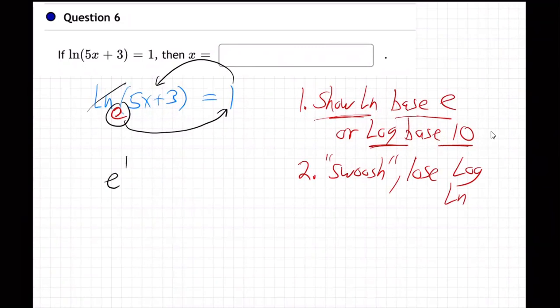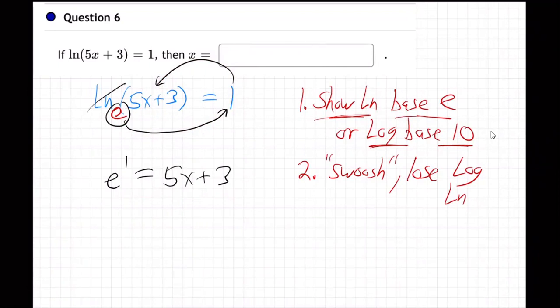So it becomes e to the 1 is 5x plus 3. We change it to an exponential equation. That's how we get rid of a log. That's how we learned to change between exponential form and logarithmic form.